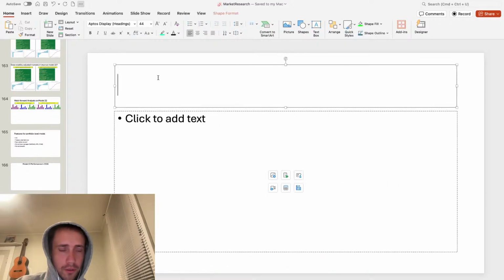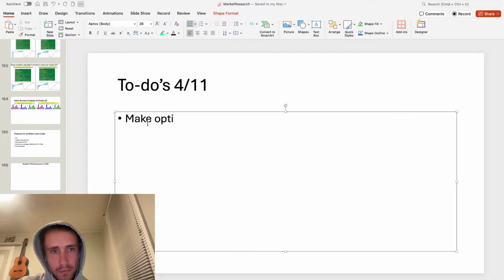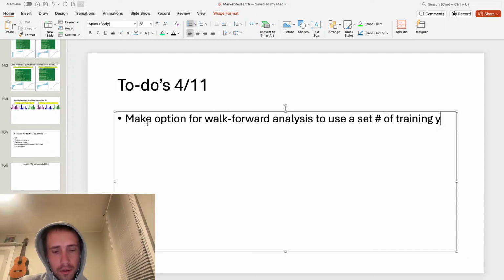Let me put some to-dos. Make option for walk forward analysis to use a set number of training years or all training years together.